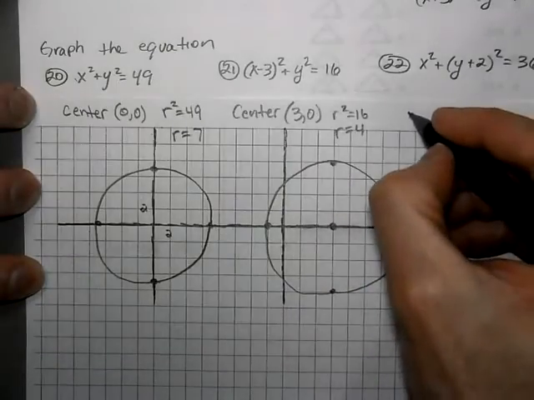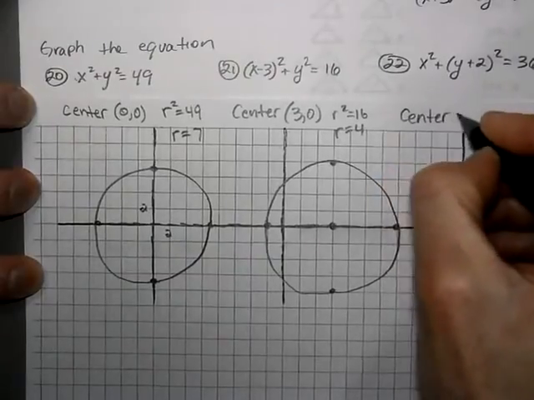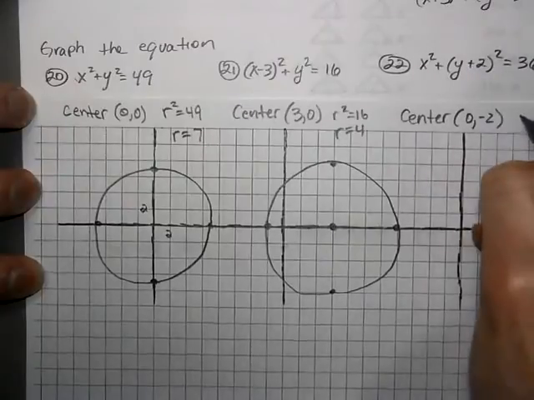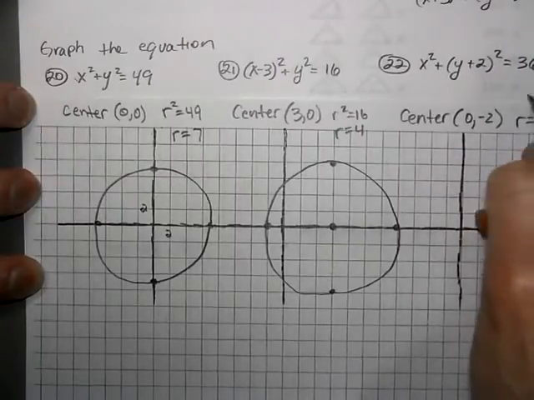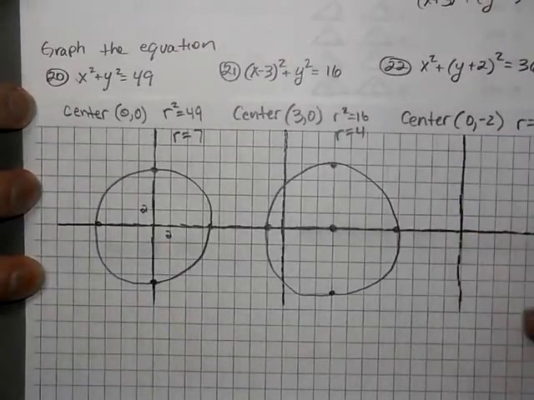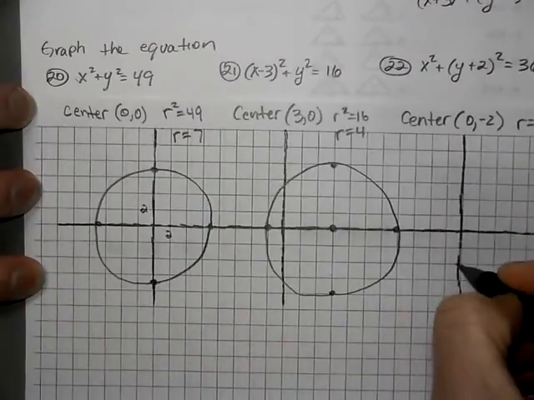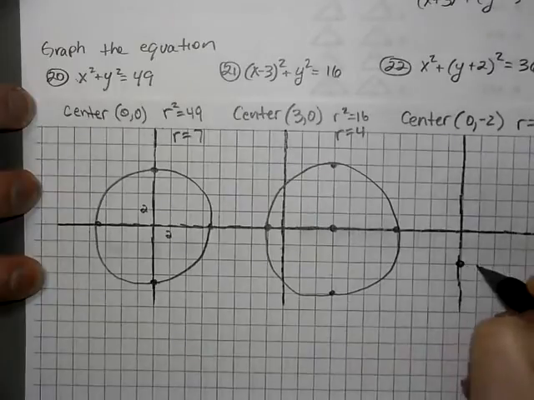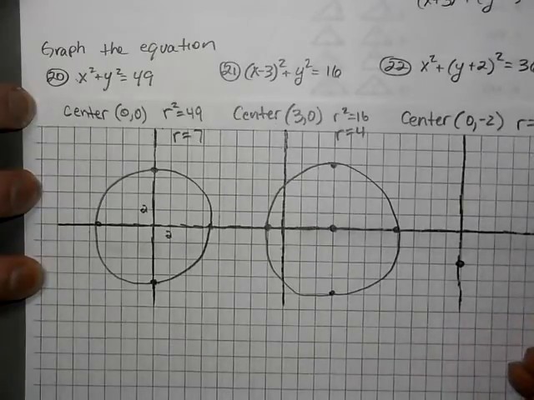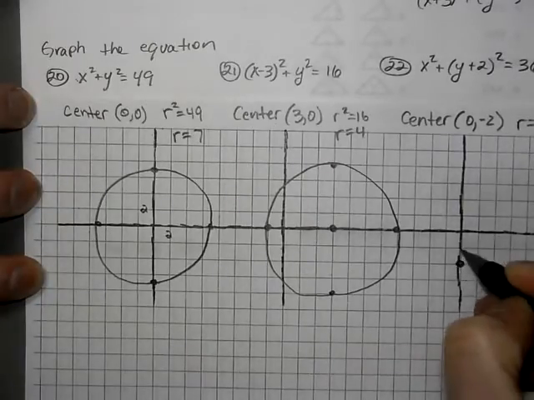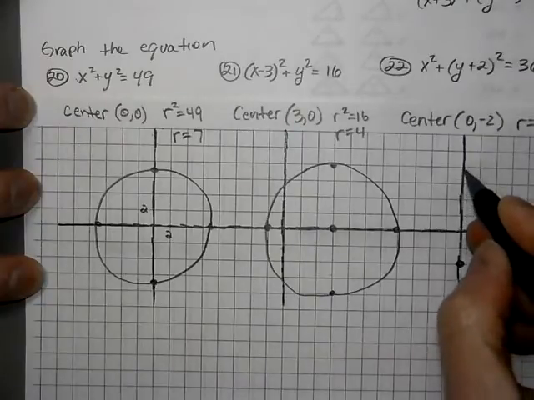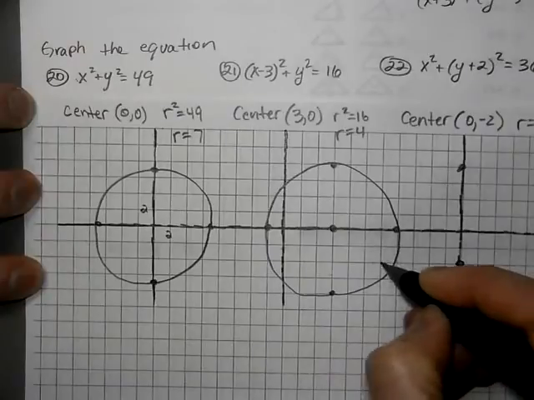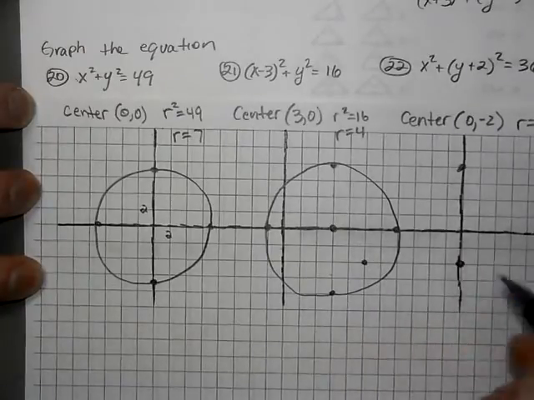Number 22 has a center at 0, -2, and the r is going to be 6. 0, -2, going to be overlapping there a little bit.